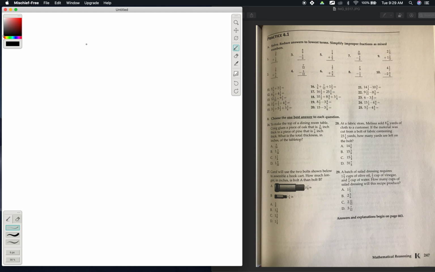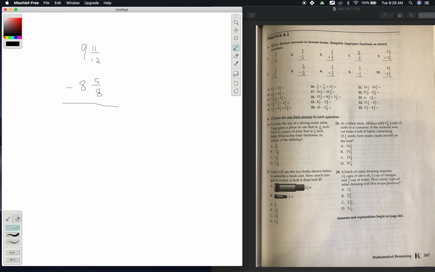9, this subtraction problem. 9 and 11 over 12 and 8 and 5 over 8. Okay, subtraction. Let's see what we have here. We have unlike denominators.